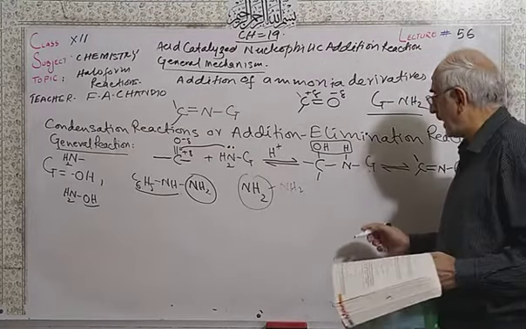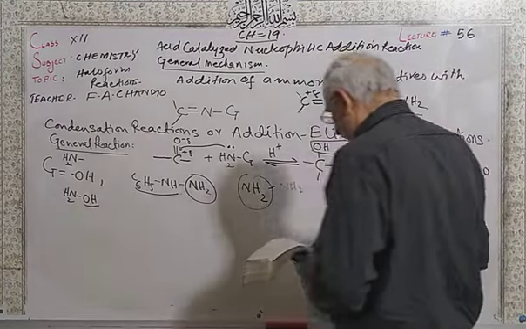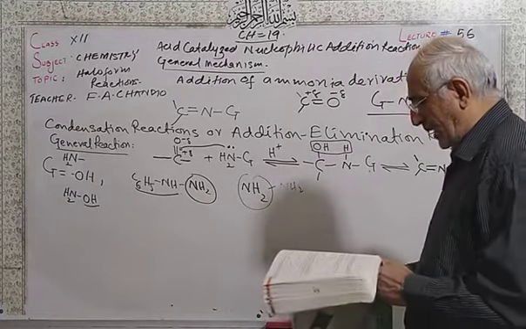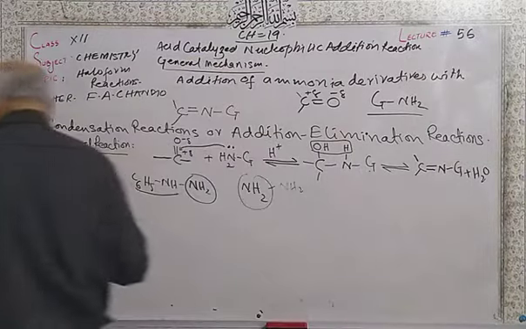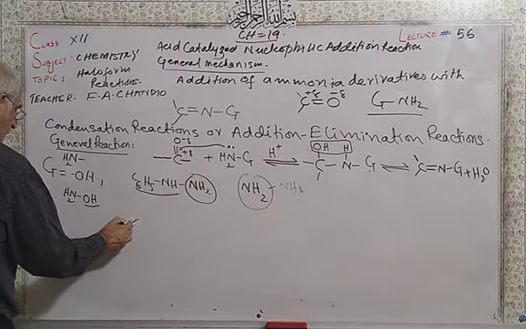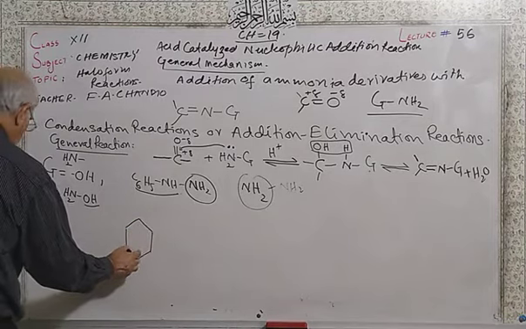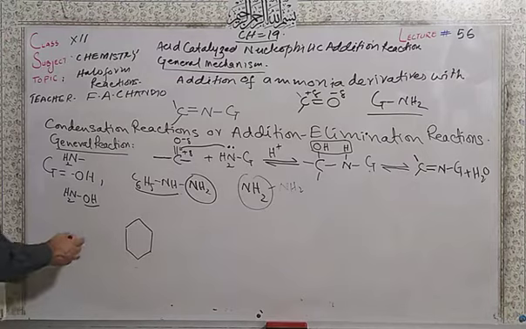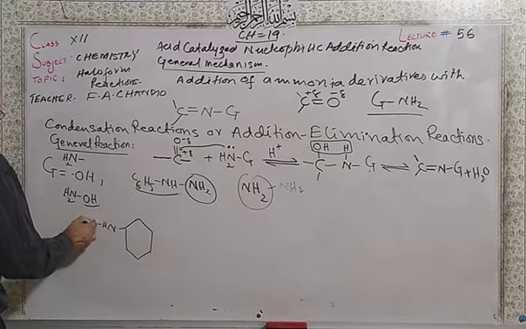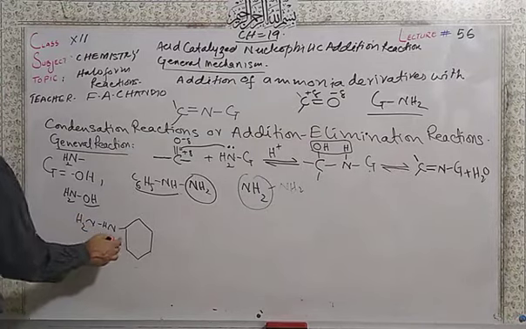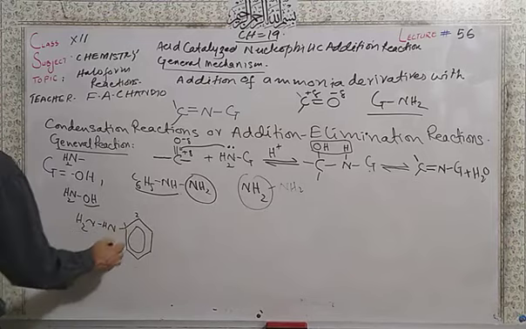So there are many. The one given in the book is DNPH, which is called 2,4-dinitrophenylhydrazine, which is like this. Benzene, and there is a hydrazine. This is hydrazine, and then carbon number 1, carbon number 2.